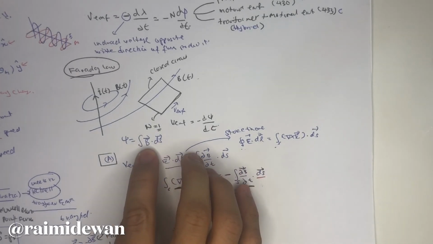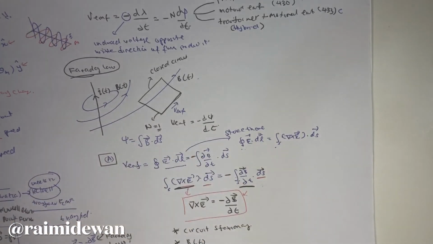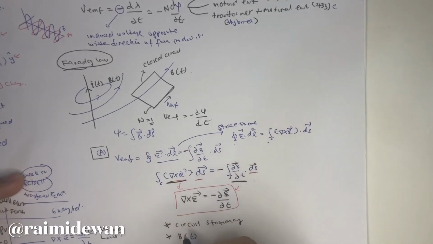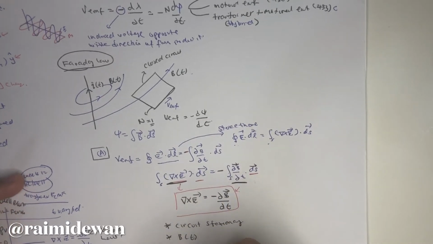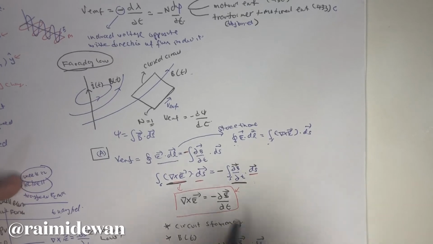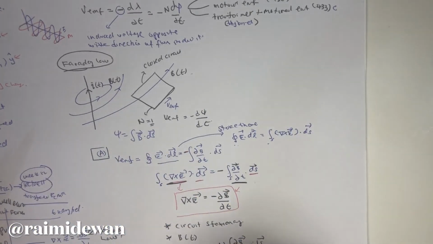You see this is your B dS. And then if you want to consider the number of turns, negative N dB over dt of your dS. So this is the number of turns and this is negative.